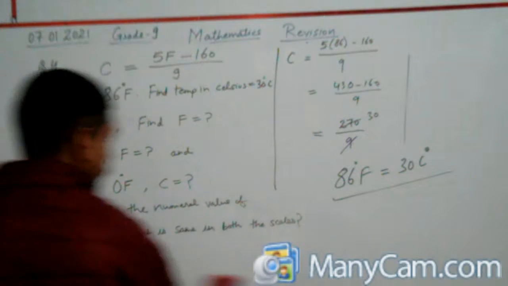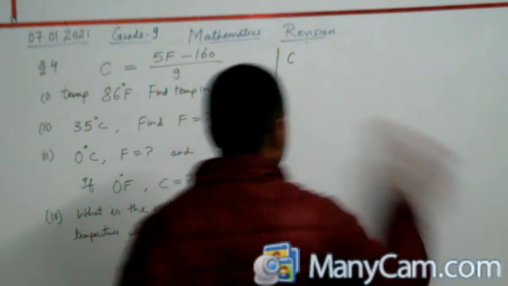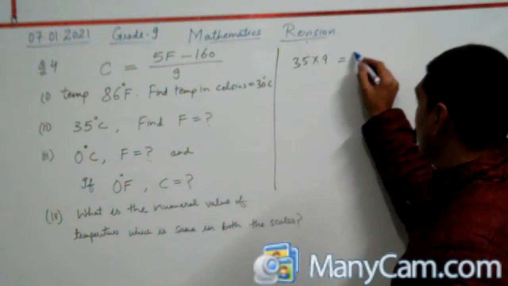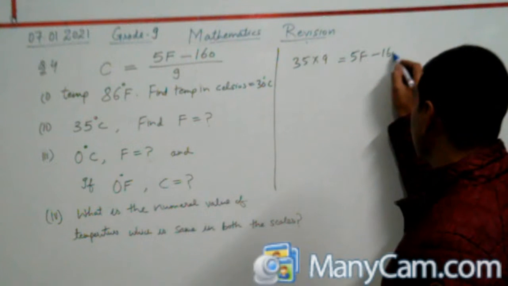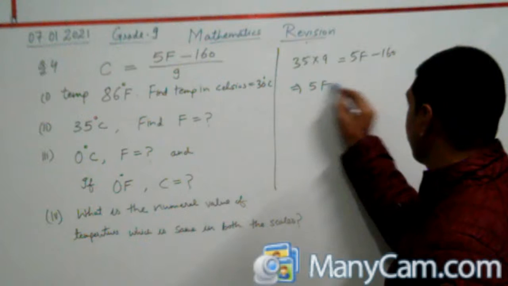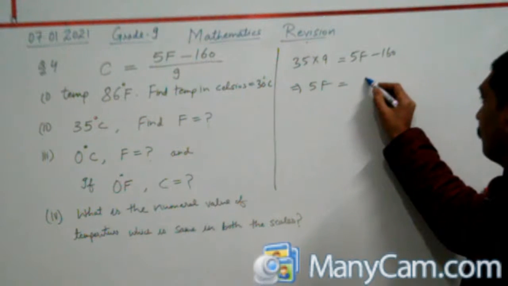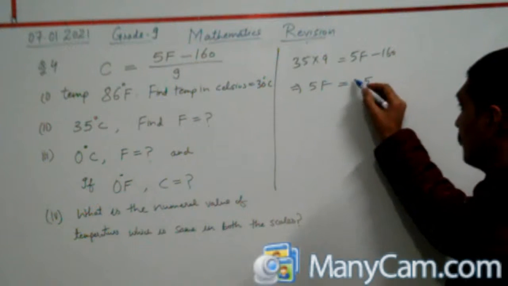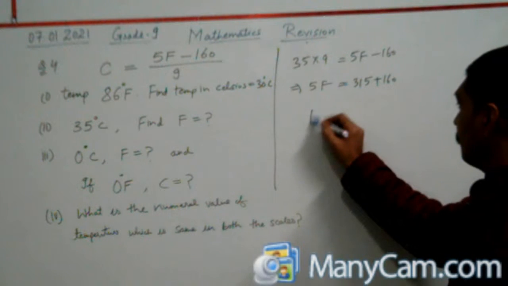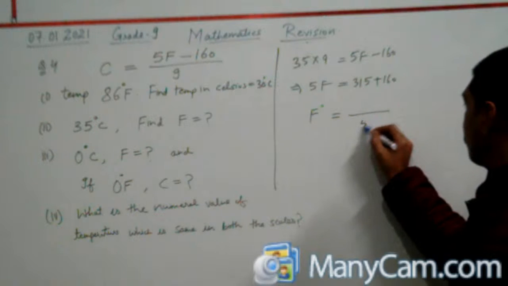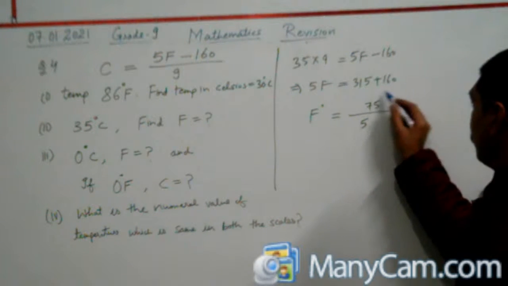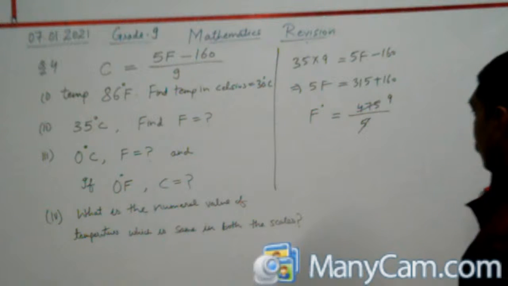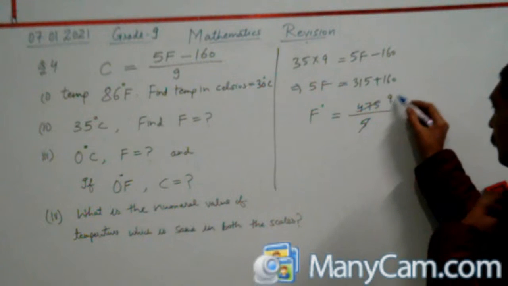Second is 35 degrees Celsius: 35 is equal to 5 times (F minus 160) divided by 9. So 35 into 9 is 315. So 5F is equal to 315 plus 160, which is 475, divided by 5.